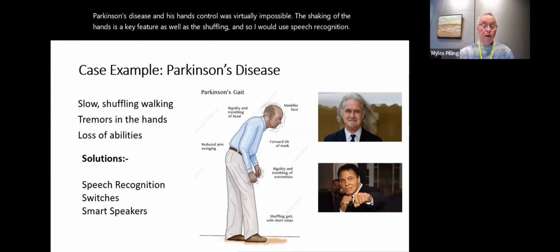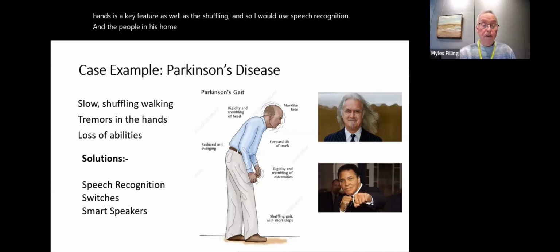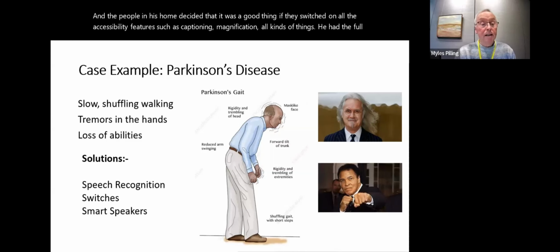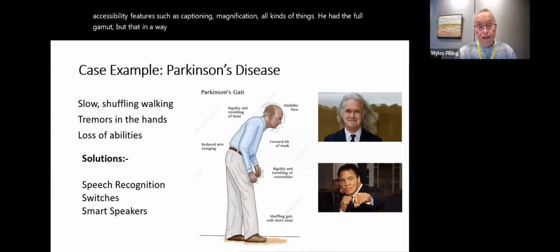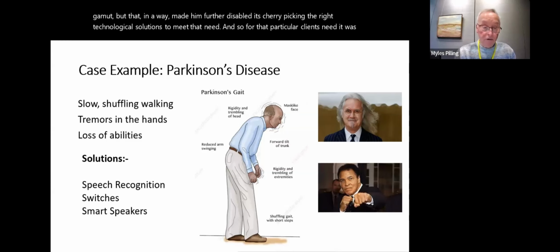And the people in his home decided that it was a good thing if they switched on all the accessibility features, such as captioning, magnification, all kinds of things. He had the full gamut, but that in a way made him further disabled. It's cherry picking the right technological solutions to meet that need. And so for that particular client's need, it was speech recognition.